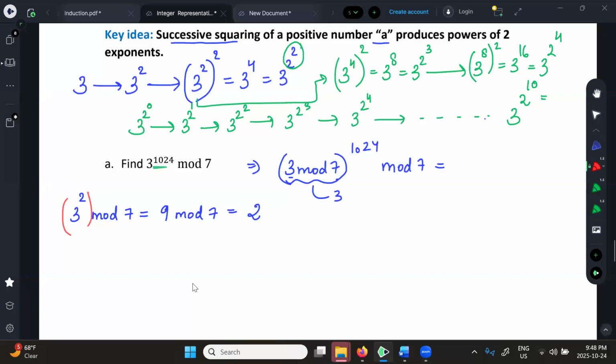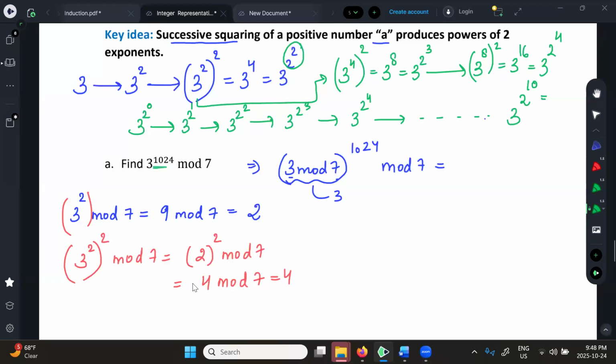But 3 squared is congruent to 2, right? So when I square 3 squared mod 7, I can replace 3 squared by 2, right? And you see how immediately it just became smaller, which is 4 mod 7. Now 4 mod 7 doesn't simplify, it's just congruent to 4.